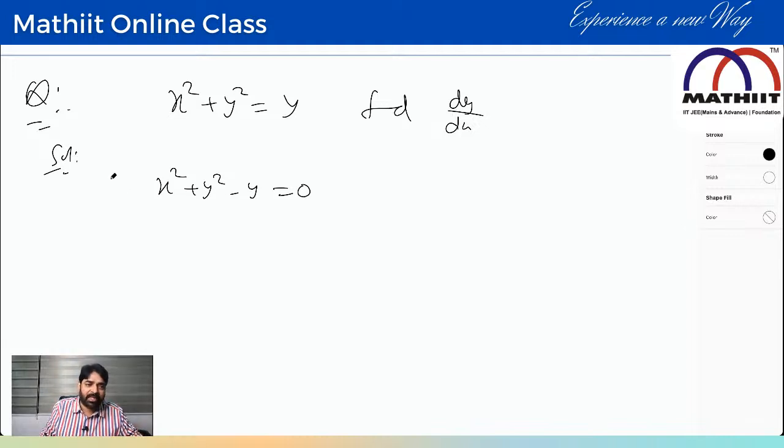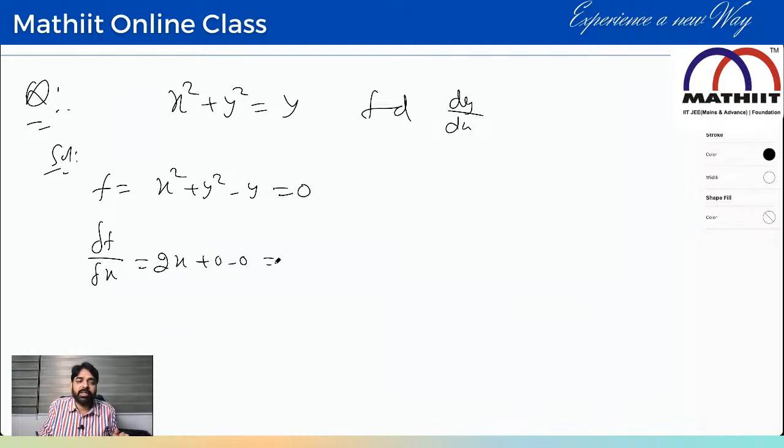Whatever left side is coming, assume as f. Here itself you calculate del f by del x. Differentiation of this with respect to x, treating y constant. So x square differentiation is 2x, plus 0 minus 0, so it means 2x. Del f by del y will be what? Differentiation of this with respect to y, treating x as a constant. So this will be 0, this will become 2y, minus this will be 1.